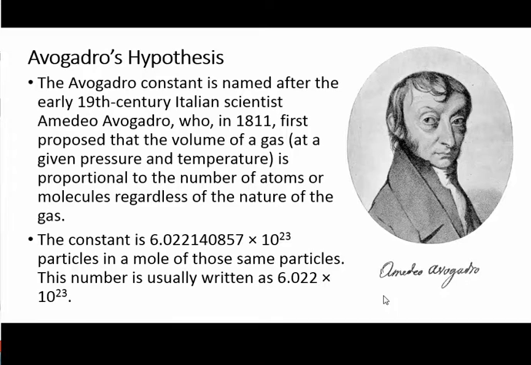He proposed in an essay he wrote that if you had two samples of two different gases at the same temperature and the same pressure, those two samples will also contain the same number of elementary particles. In this case, elementary particles would be the molecules of a gas.